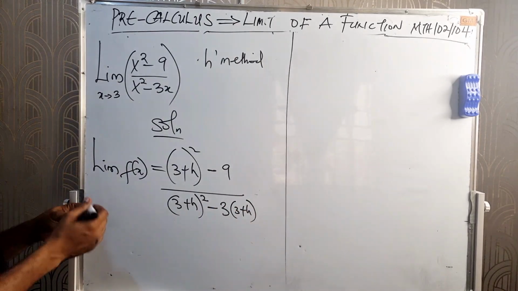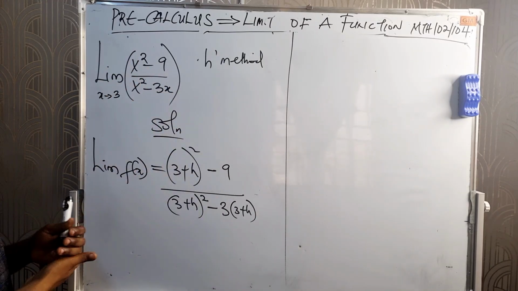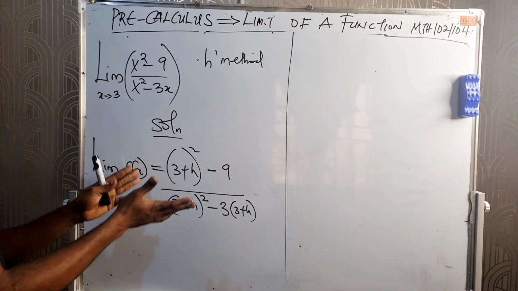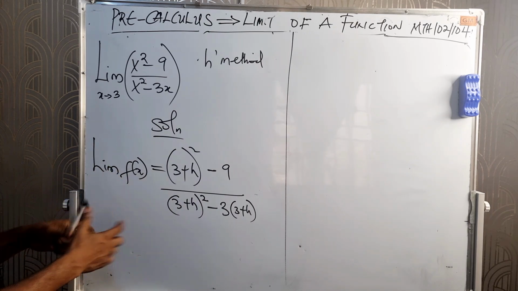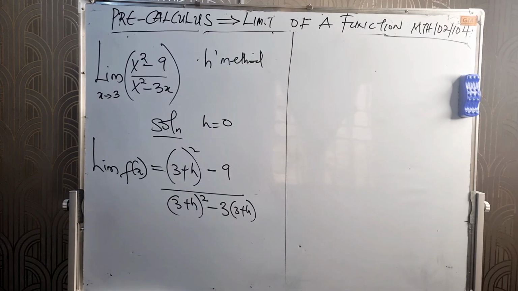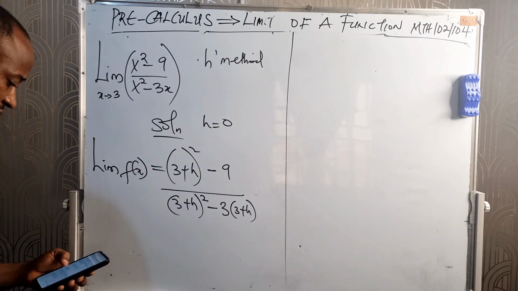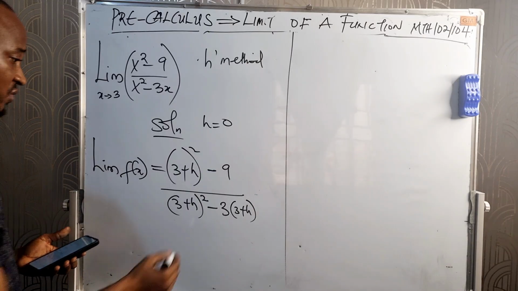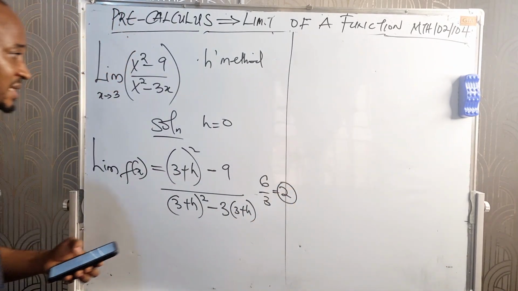Alright, in this case, we don't need to start doing difference of two squares here. So nothing can cancel out. Are you there? So we just have to expand it this way. After expanding, you can now substitute the value of your h as 0. At the end of the day, your result should be about 6/3, which is equal to 2. So try this out for me.